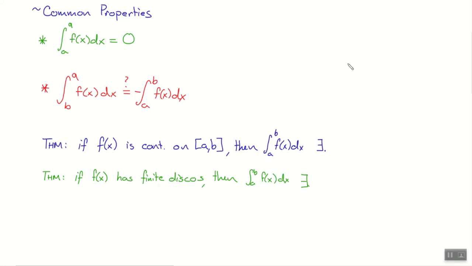Now, that one's a little bit weirder, and just to convince you that this is reasonable and intuitive, if I have something that has a discontinuity, something like, and I'm just going to go from A here to B, and let's say it's here. Can we still find the area underneath this curve? I mean, it's kind of ugly, but it'd be like this trapezoid added to this rectangle, and we can still do it, right?